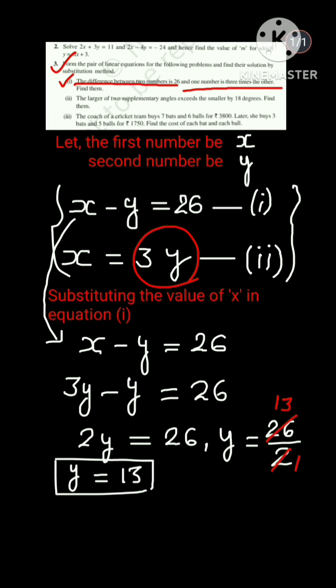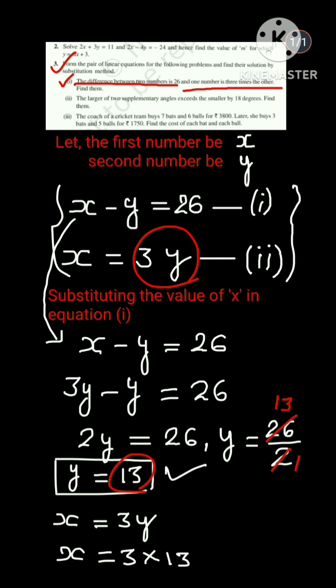Now by putting this value of y in equation 2, we will be able to get the value of x, right? So our second equation is x equal to 3y. So x equal to 3 into y equal to, we have 13.